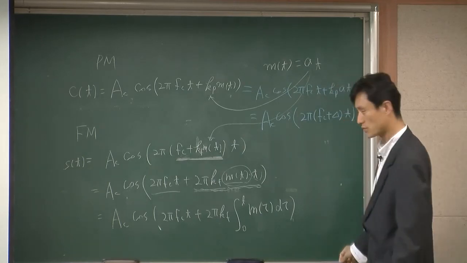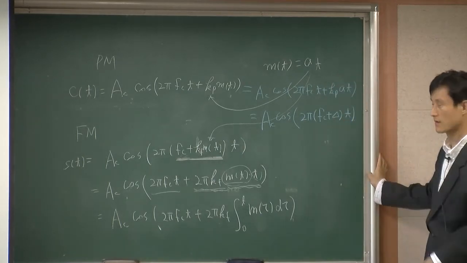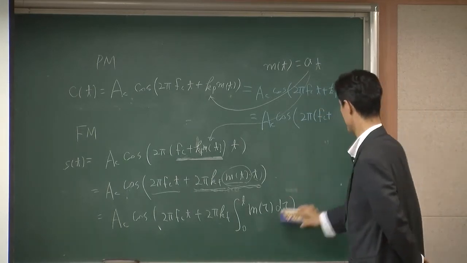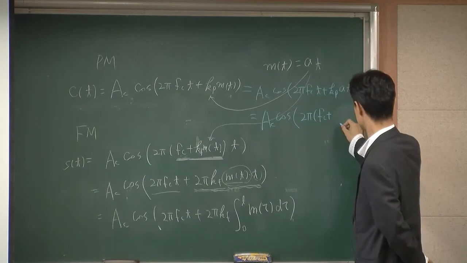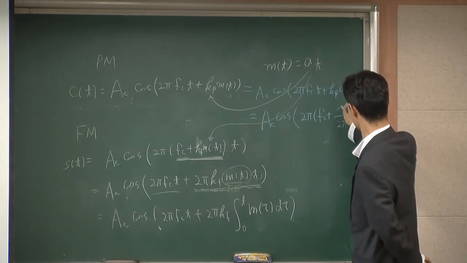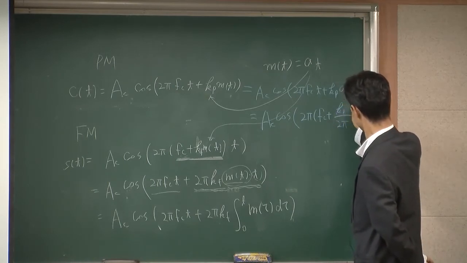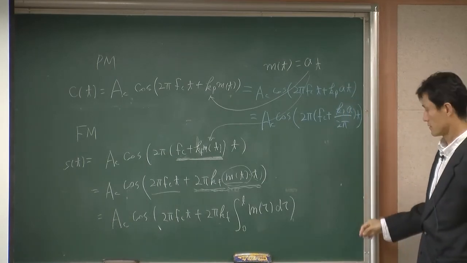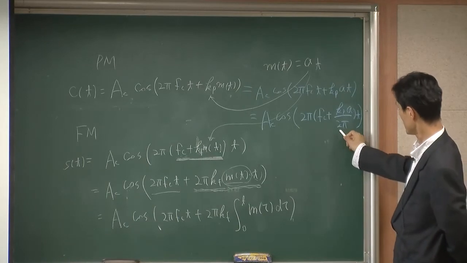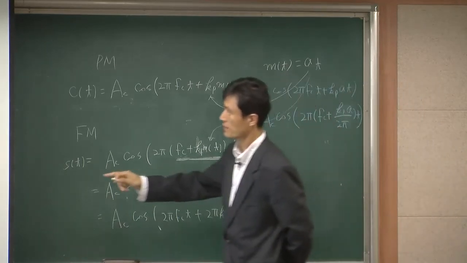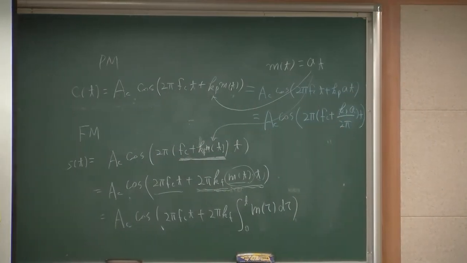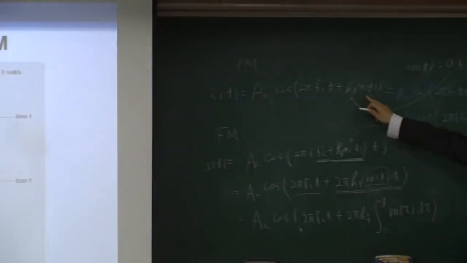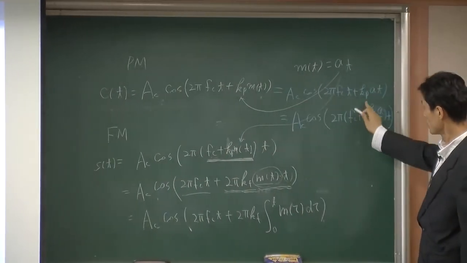What I'm trying to say is eventually your message goes up linearly, then you put this linear message into the phase part, and you can rewrite it here.